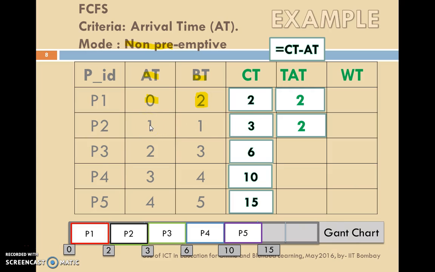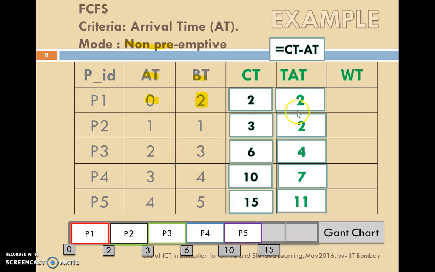It arrived at 1, waited, and then executed, so its total spent time is 2. Likewise, process 3 has 4, process 4 has 7, and process 5 has 11.